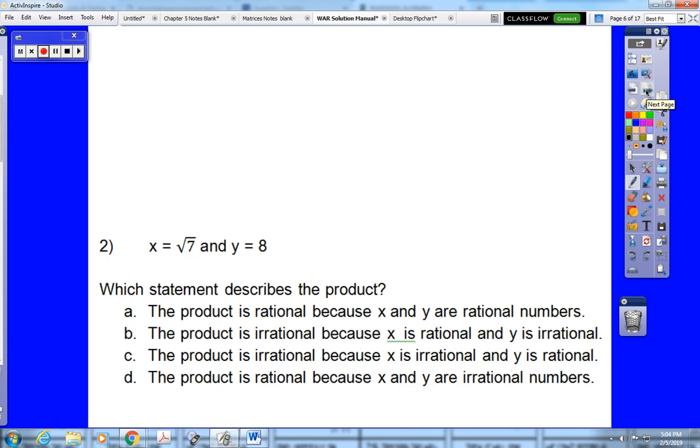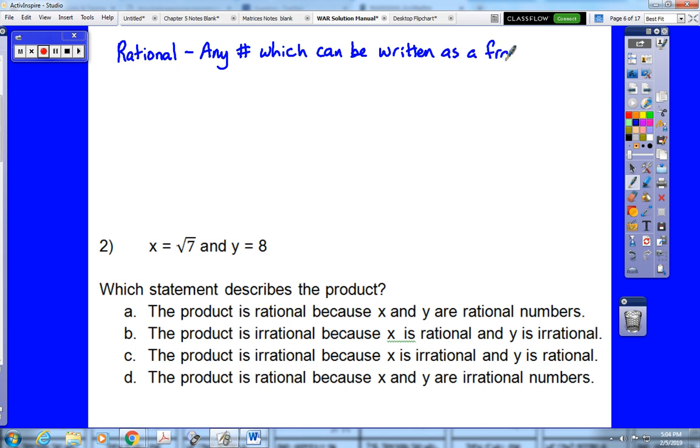Here we have, this is a number theory problem, seeing whether or not you truly understand what a rational and an irrational number is. So you should know that rational numbers are any number which can be written as a fraction. Essentially, in your head, you should hear the word fraction whenever you read the word rational.